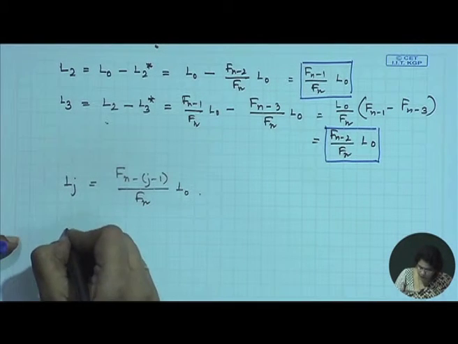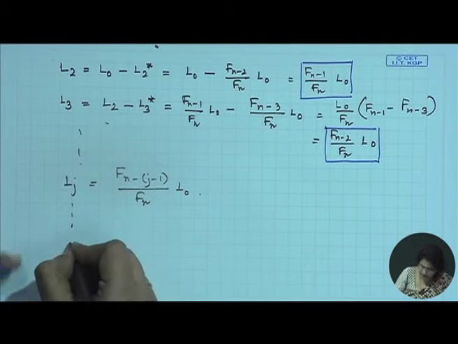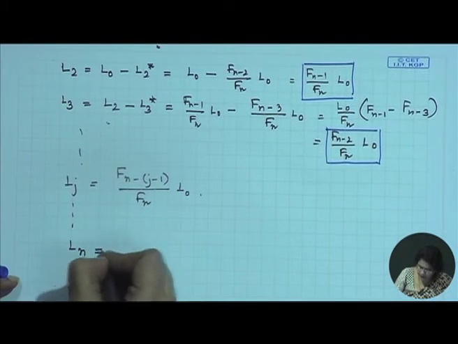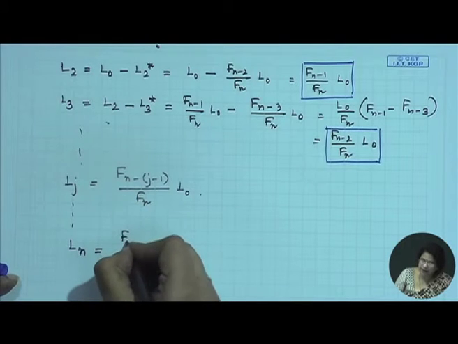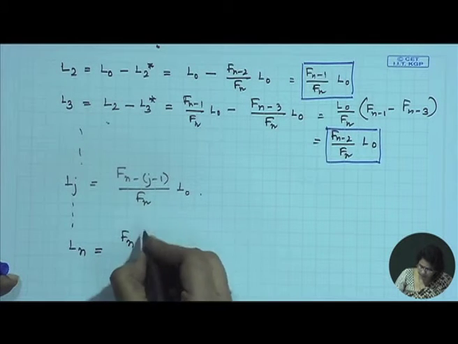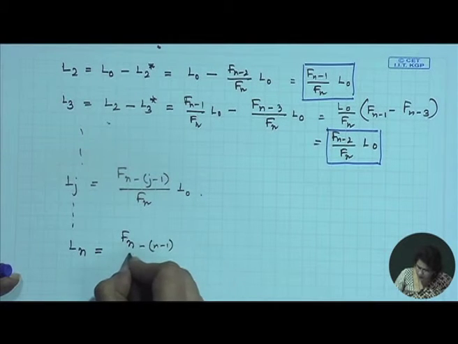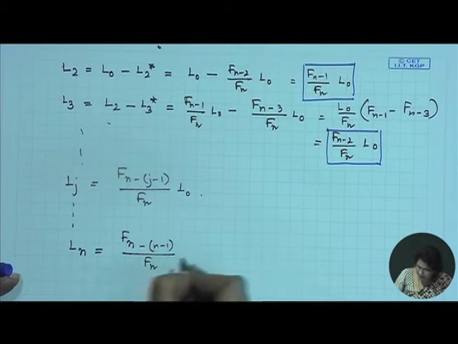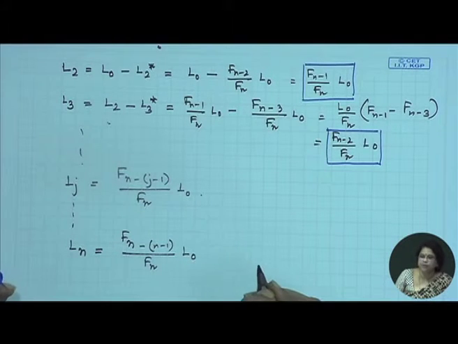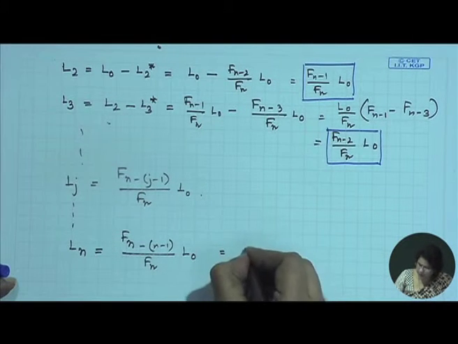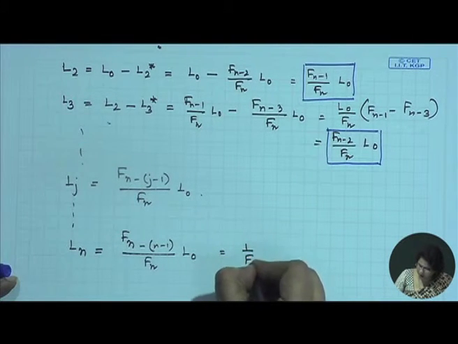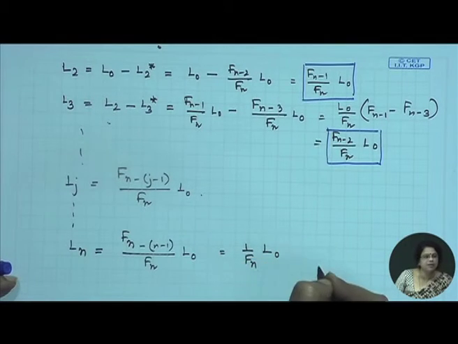If I go further, Ln would be equal to Fn minus n plus 1 divided by Fn times L0. This is nothing but 1 by Fn times L0.